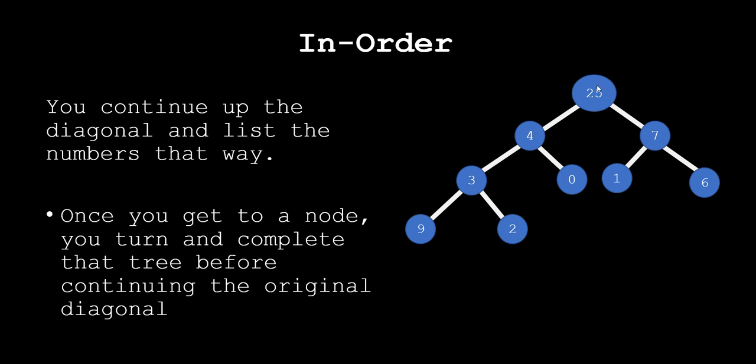So now we can state 25. So let me go over this again. We have 9, 3, 2, 4, 0, 25. And then we can go through that right tree. So that's 1, remember, because you have to go to the left. 1, 7, 6. Hopefully that made sense.